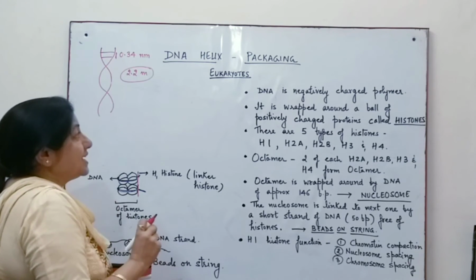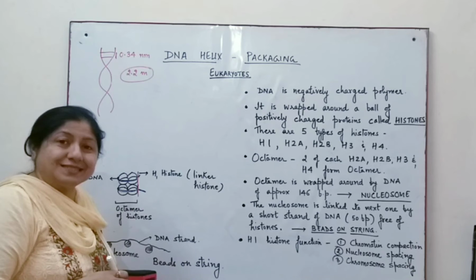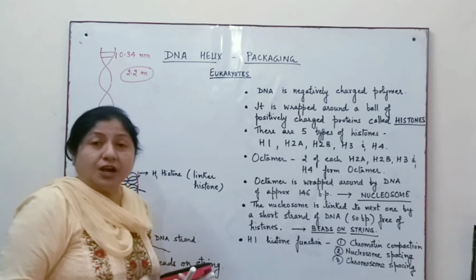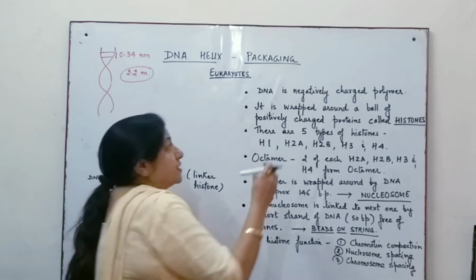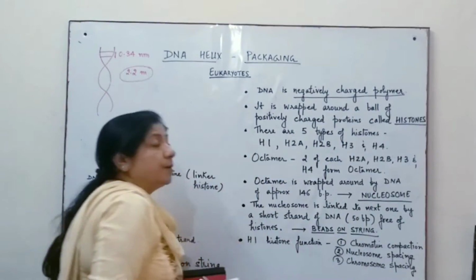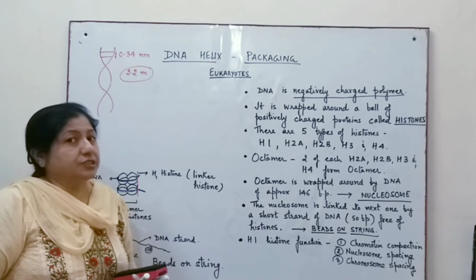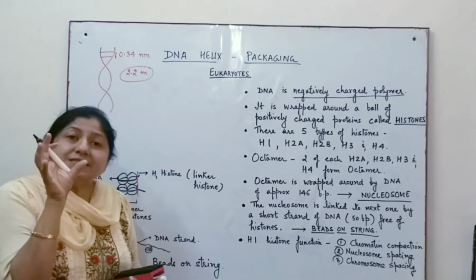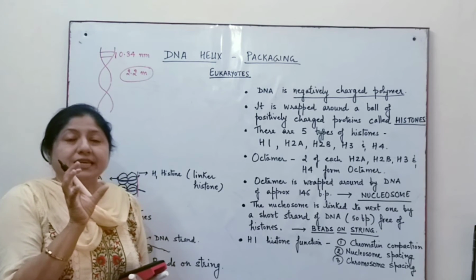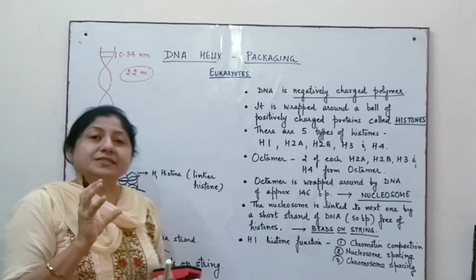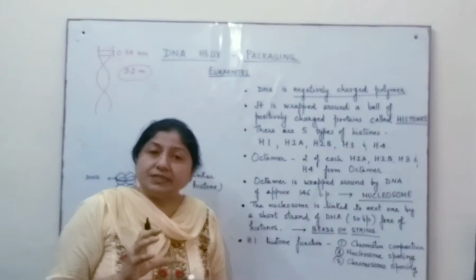The DNA which is present inside the nucleus is carrying a negative charge. So it is a negatively charged polymer made up of several units of nucleotides. Now this packaging of DNA is very precise, and it is actually done with the help of proteins.